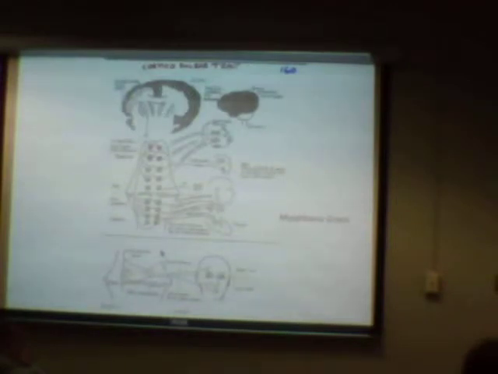Most of it is. In other words, you can see in this diagram, the right hemisphere innervates both the left and the right cranial nerve nuclei. Except in two nerves.